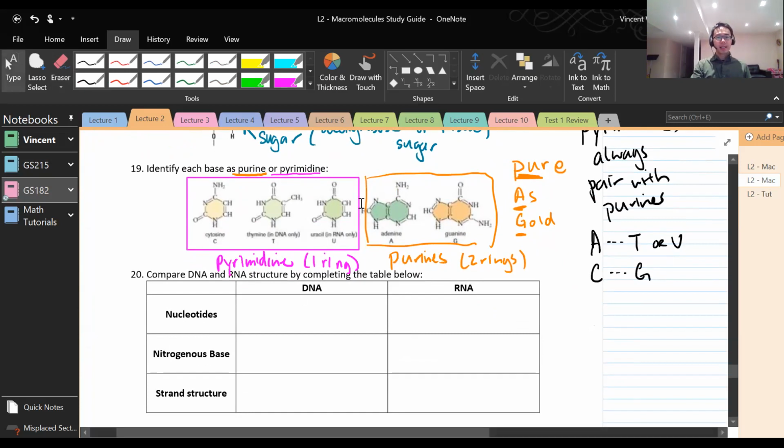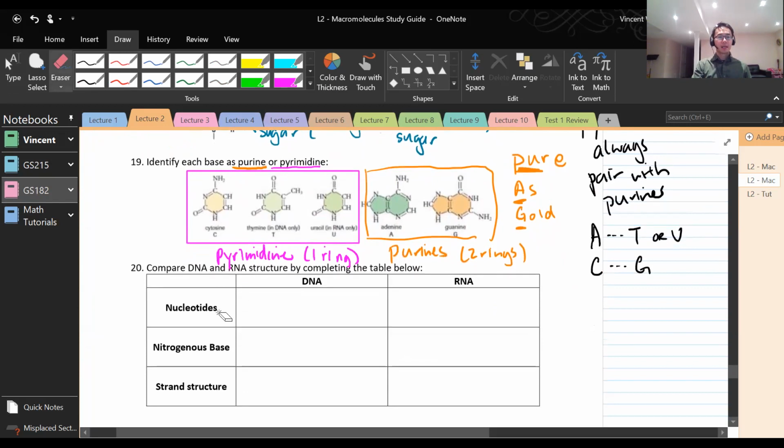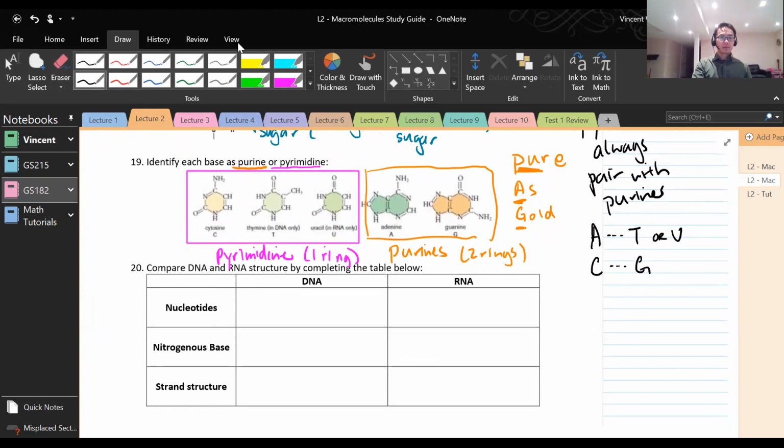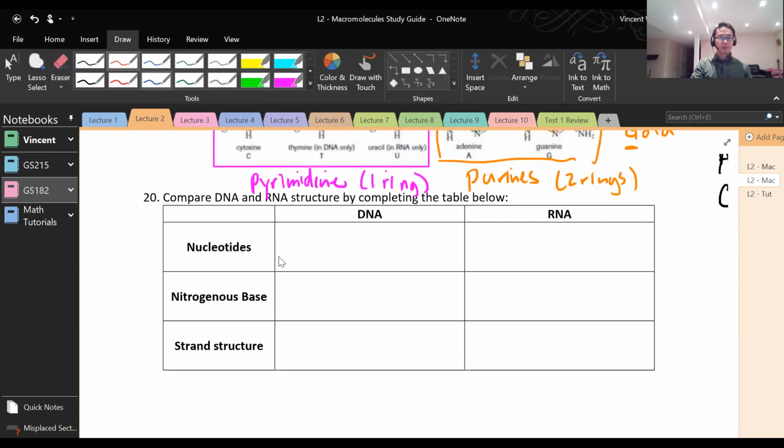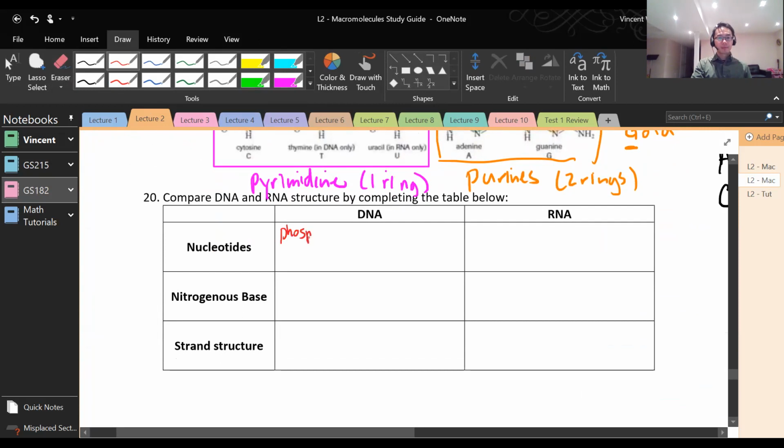Let's compare the DNA and the RNA. The nucleotides involved would be phosphate, plus deoxyribose, which is just a sugar that's missing an oxygen, a 5-carbon sugar, plus nitrogen base.